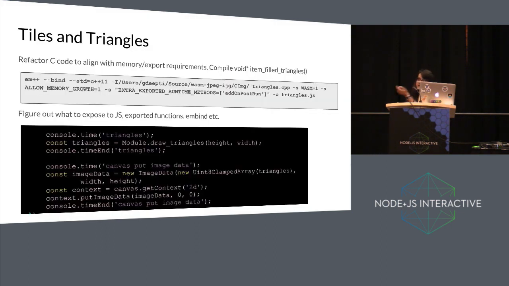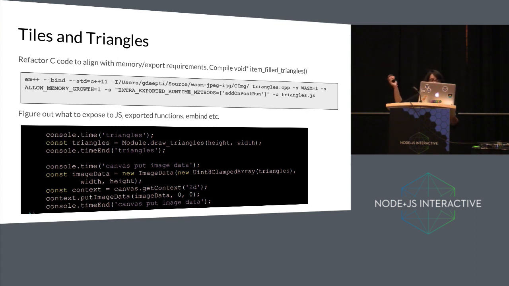These are just snippets of commands that I used. The first one is a snippet of a command I use. If you look at it, that's em++ with some options. This command will generate both a triangles.js and a triangles.wasm file.